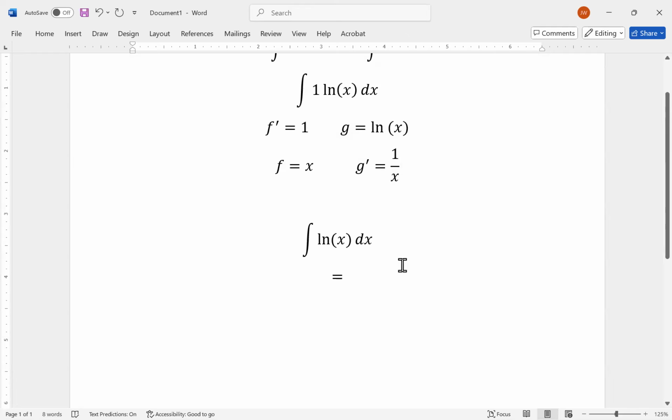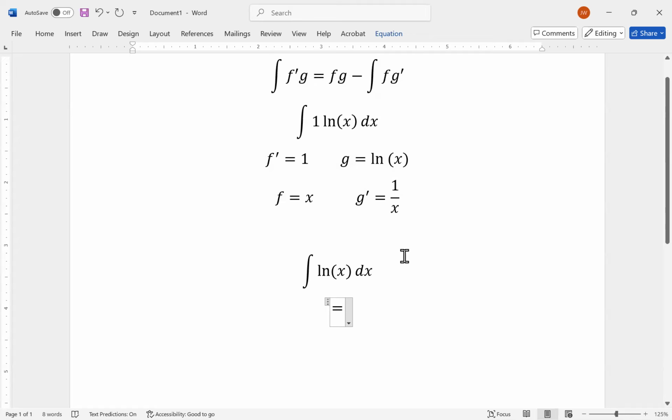So this means that if you want to integrate natural log using integration by parts, we should get f times g, which is x times natural log of x, minus the integration of f times g prime.